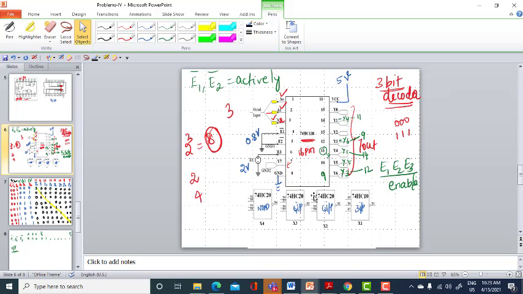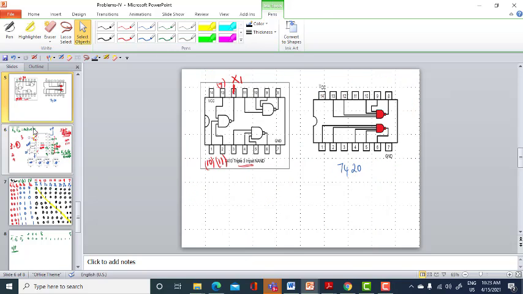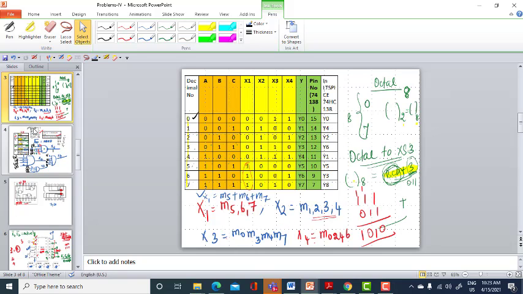The 74HC20 is your 4 input NAND, and here you are going to give your inputs. Other than X1, you have X2 as 1 2 3 4, X3 as 0 3 4 7, and X4 as 0 2 4 6, which have to be connected to the 4 input NAND.